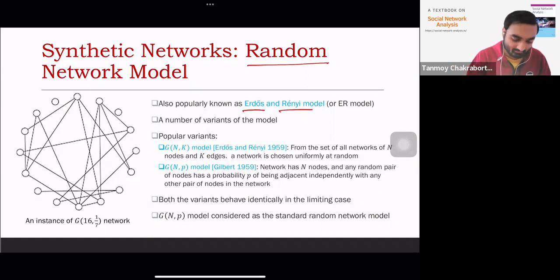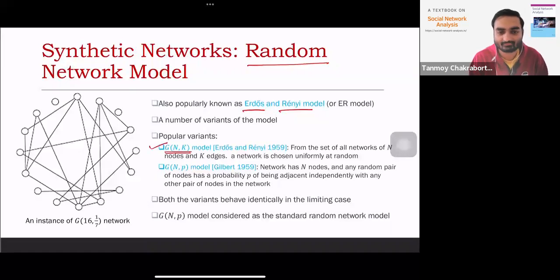There are two different models of random network proposed in the literature. One is proposed by Erdős and Rényi, where a random network is denoted by G(n, k). N is the number of nodes and k is the number of edges.